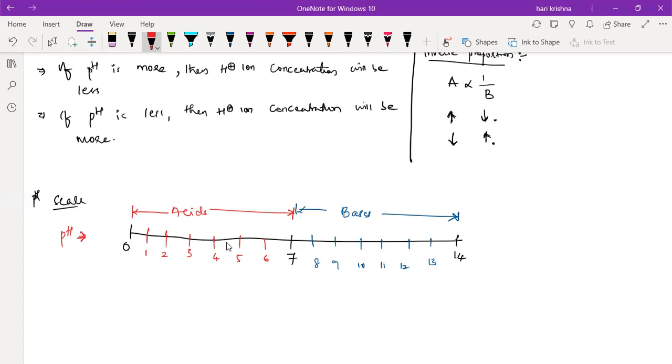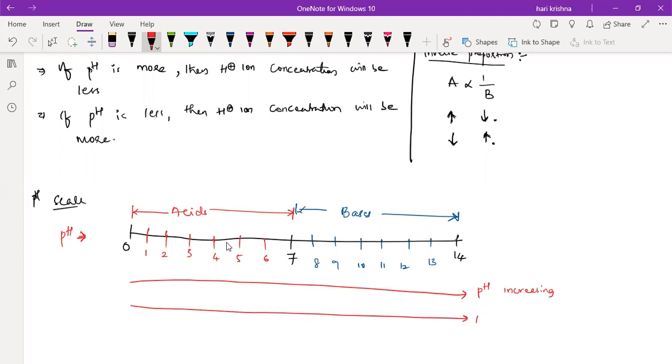Again, in this, each and every number will have a different strength. As we go from left to right, the pH number is increasing or decreasing? Increasing. Then will the H plus concentration increase or decrease?